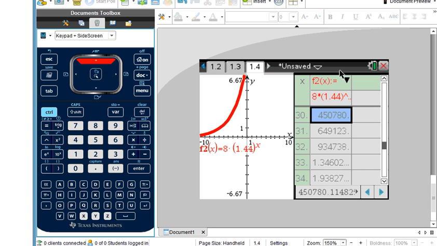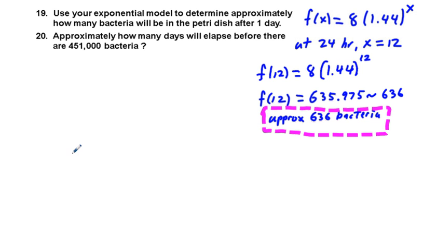So we'll say x equals 30. So about 451,000 when x equals 30.